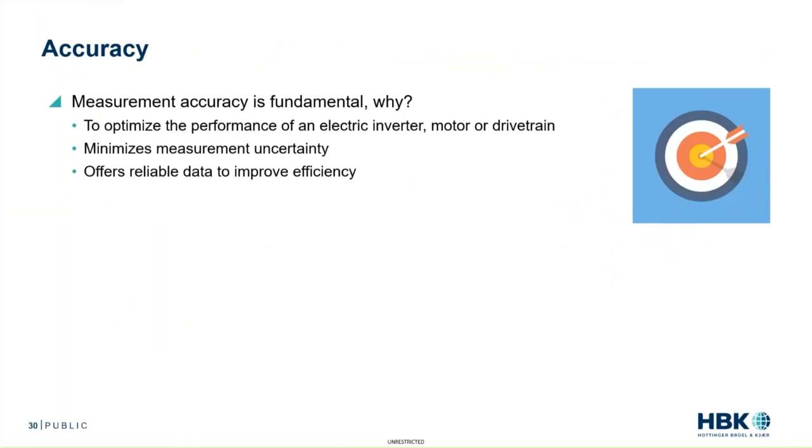So by decreasing measurement uncertainty, you can generate more credible results. In fact, best-in-class accuracy provides engineers like yourself with reliable data for understanding how to optimize inverter-driven machines.